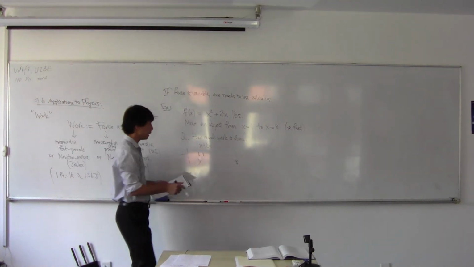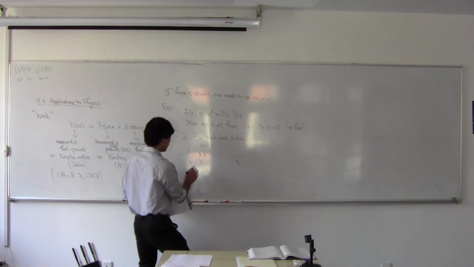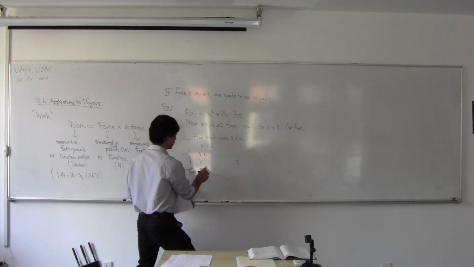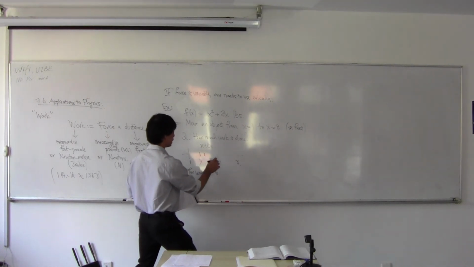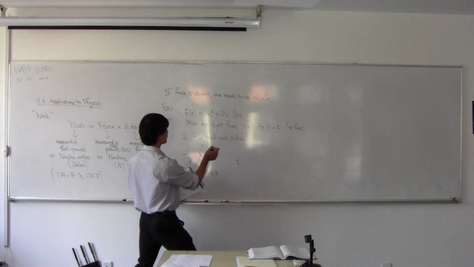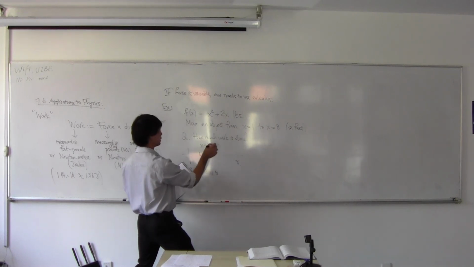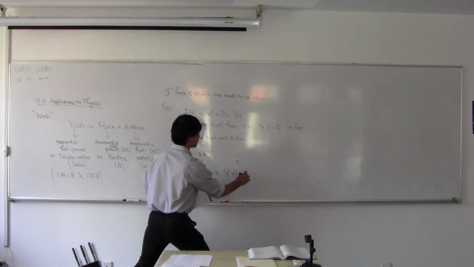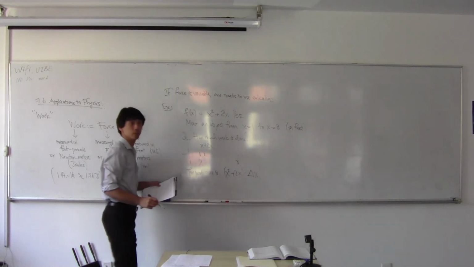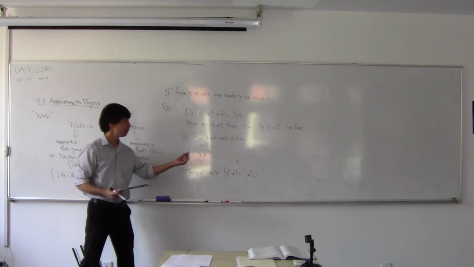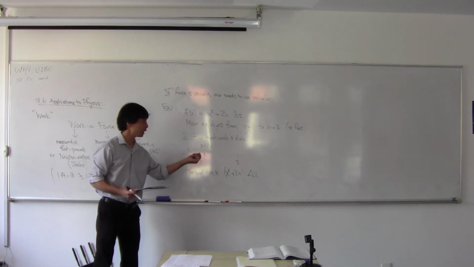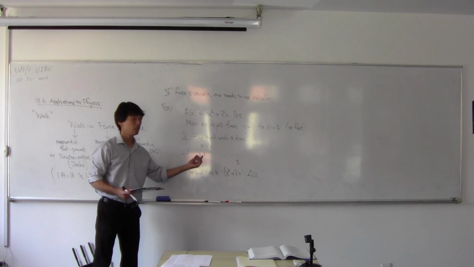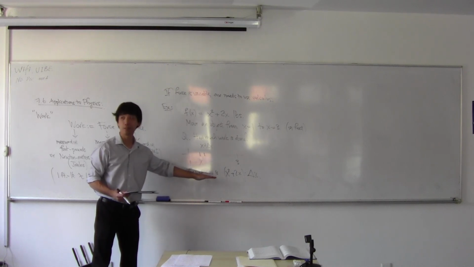Then the work done is going to be the force times the distance. So it's going to be x squared plus 2x times the distance. Well, the distance is delta x. The force at that point is x squared plus 2x, and the distance is delta x. So the work done is this.